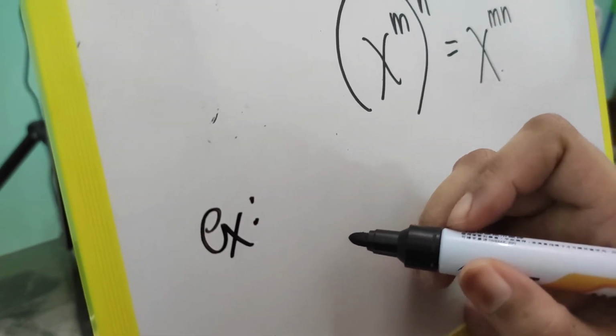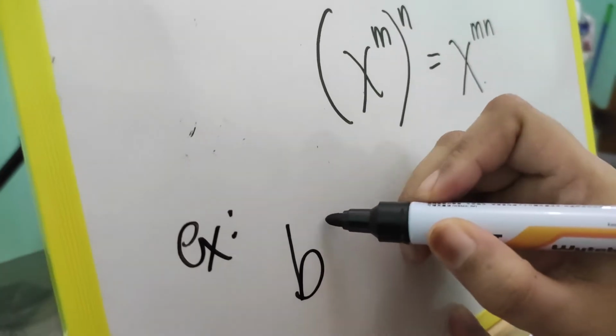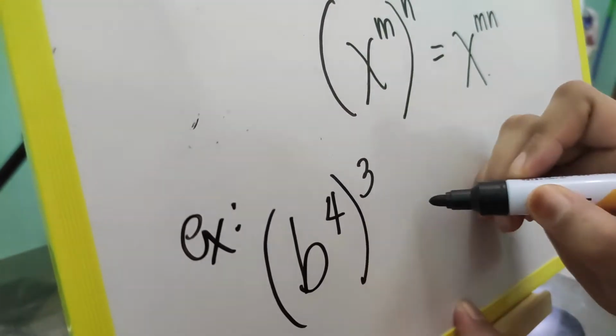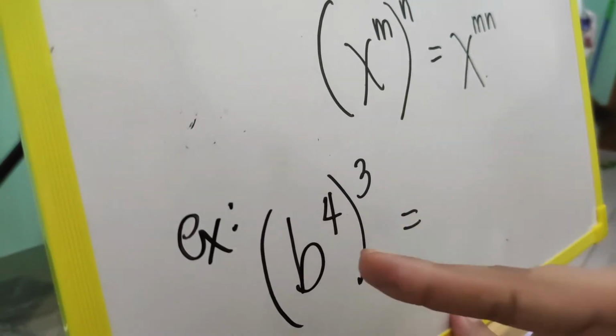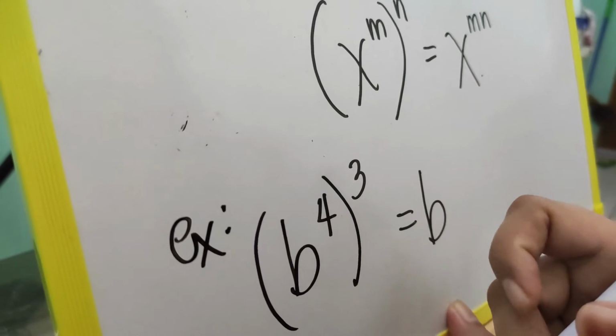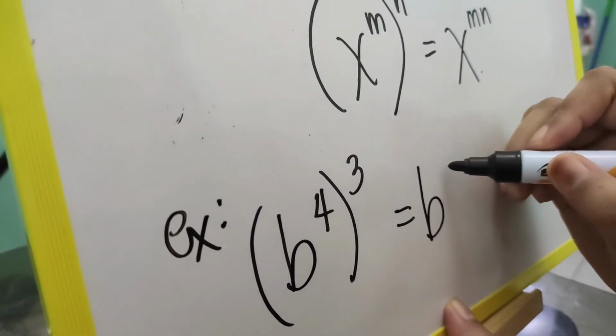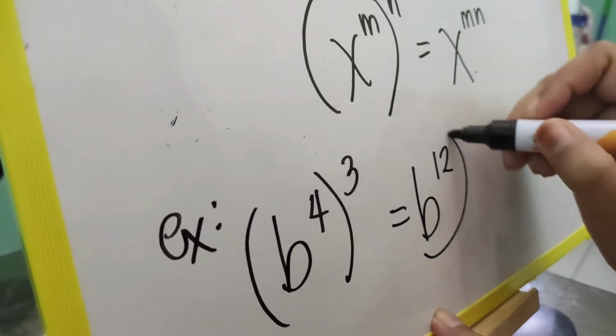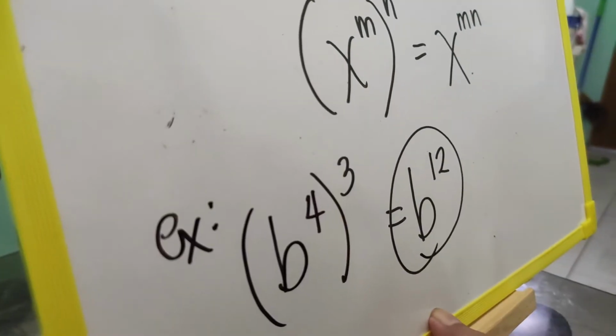Let's say we have b raised to the power of 4 raised to the power of 3. What we have to do is just copy the base and then multiply the two powers. So 4 times 3, and that would be 12. Therefore, the final answer is b raised to the power of 12.